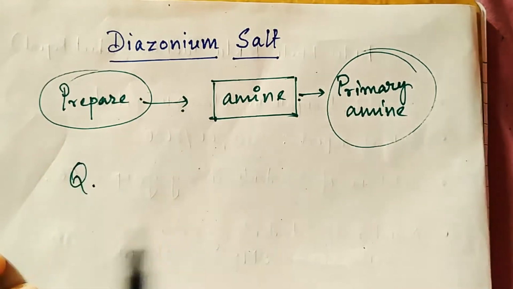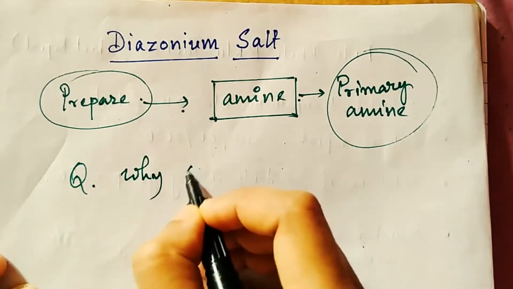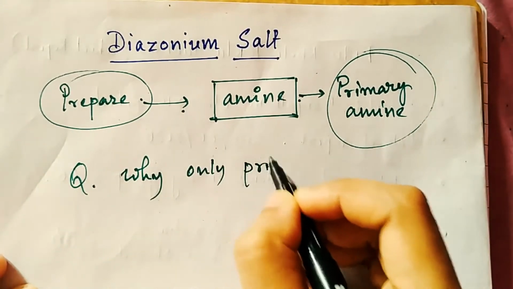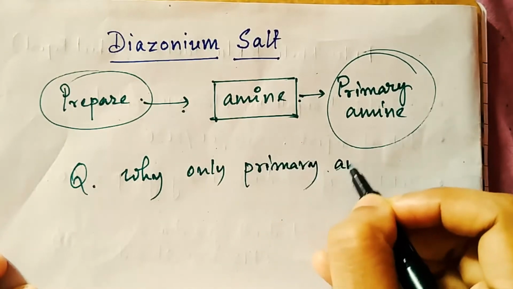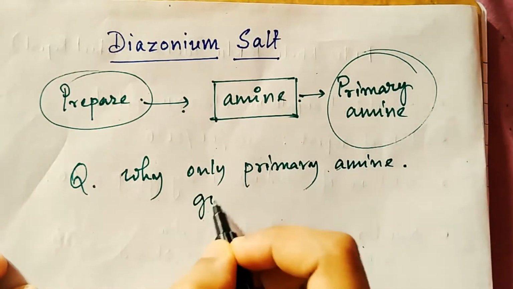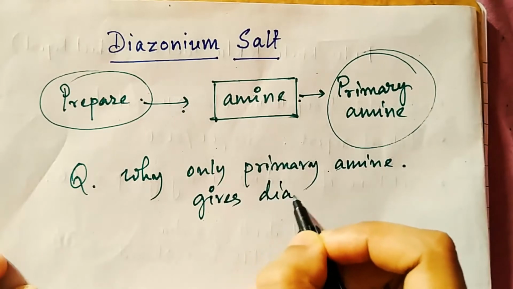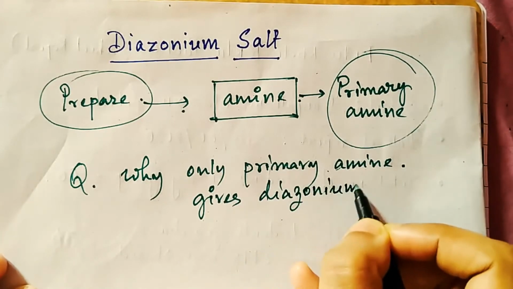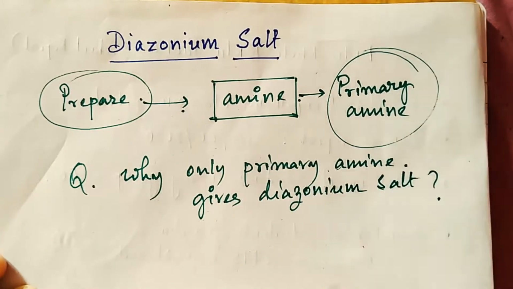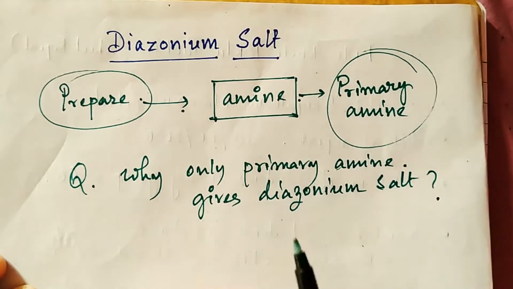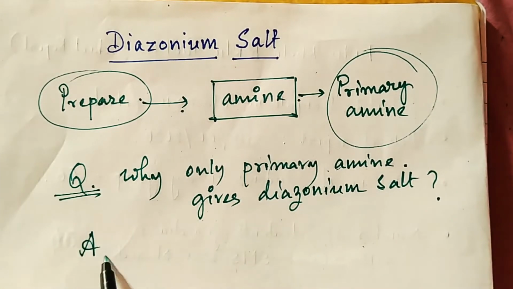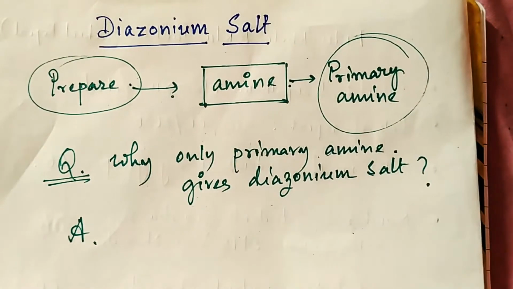So here is a question: why does only primary amine give diazonium salt?